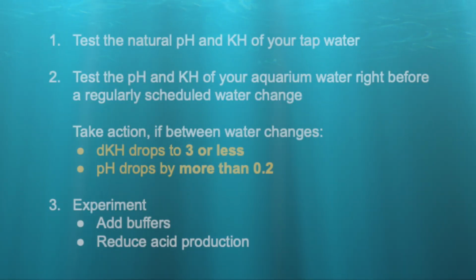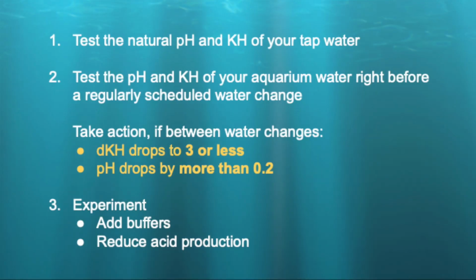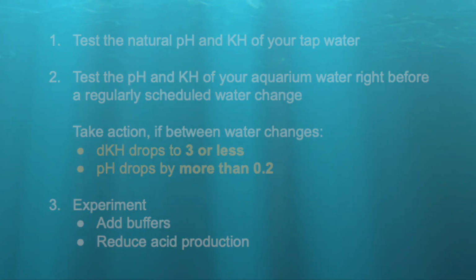To summarize, test your water, figure out the natural pH and KH of your source water. Figure out what is happening to your aquarium's pH and KH between water changes. If your KH drops to 3 DKH or less between water changes and your pH readings decrease by more than 0.2 units, take steps to replenish your acid neutralizing ions or decrease the amount of acid being produced in your aquarium.